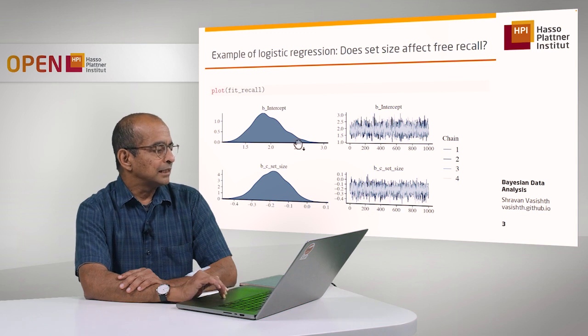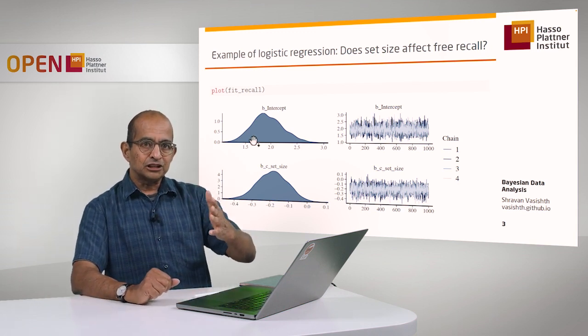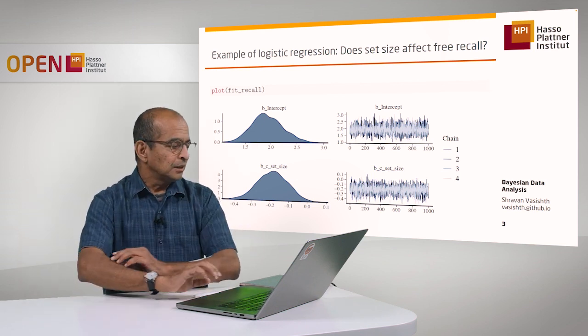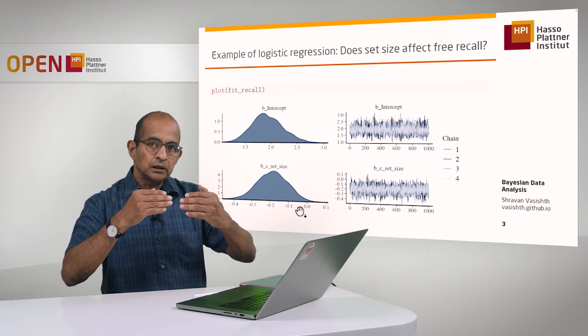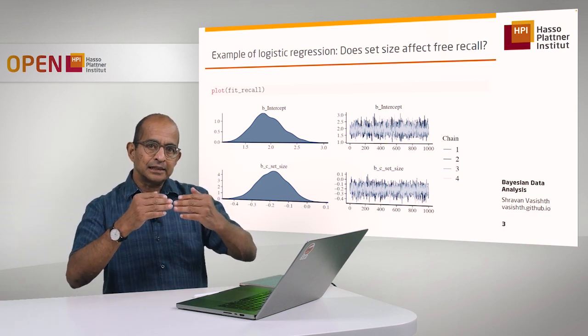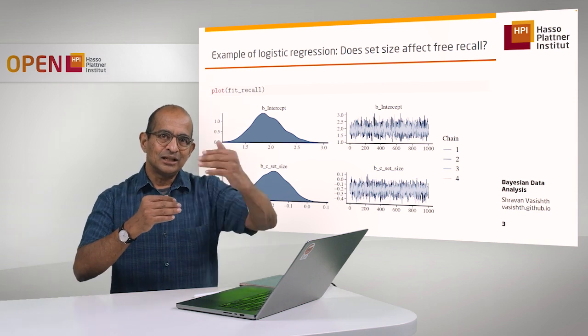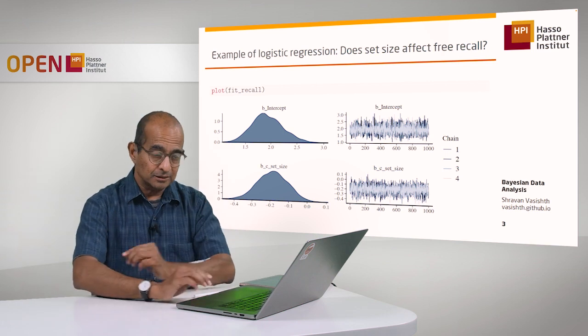The intercept is showing me the grand average accuracy in log odds space, right? And the slope is giving me the effect of increasing set size from 0 to 1 on accuracy in log odds space, okay?